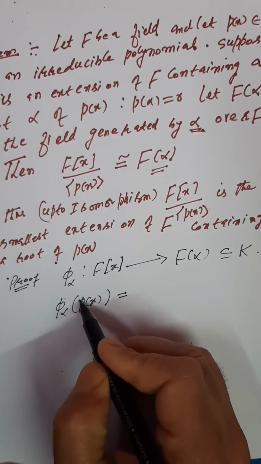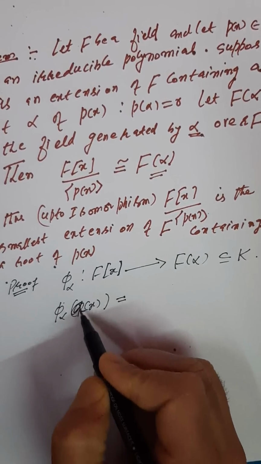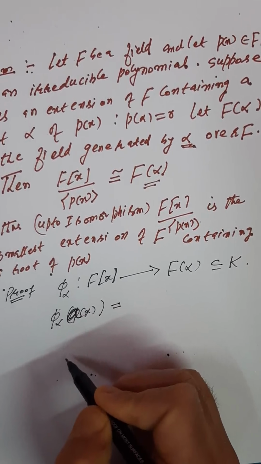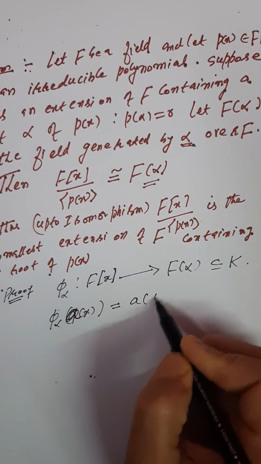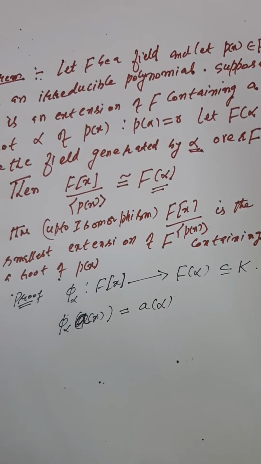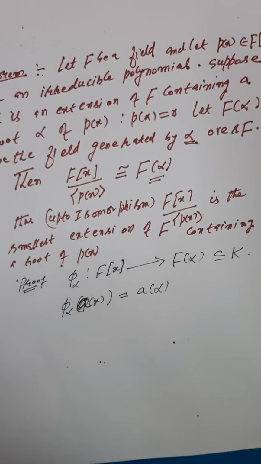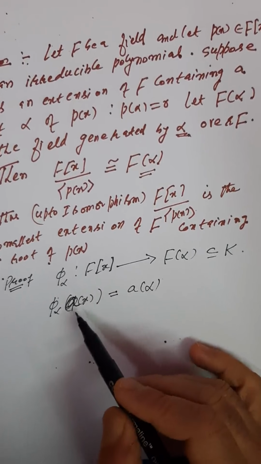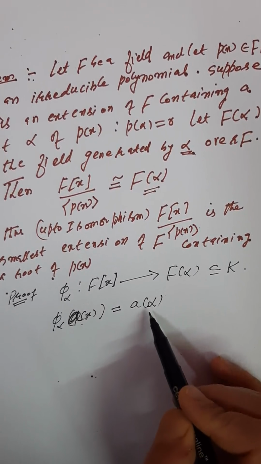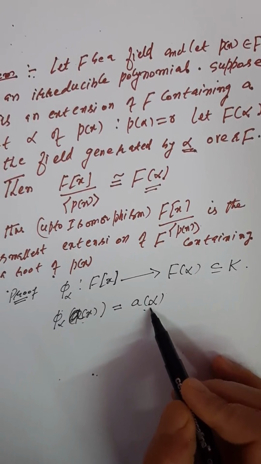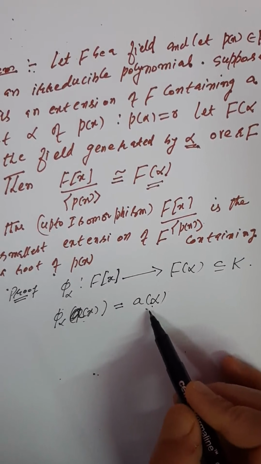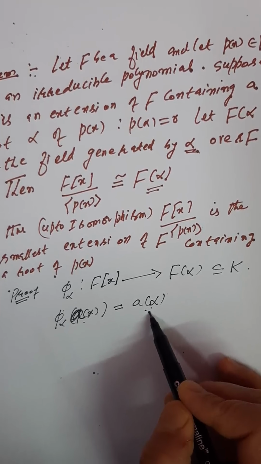You choose a polynomial, say a(x). So phi alpha of a(x), any polynomial a(x), is a(alpha). So phi actually evaluates this polynomial a(x) at alpha. So a(alpha) would be the value of this polynomial at alpha, or you can say that it is a polynomial in alpha.